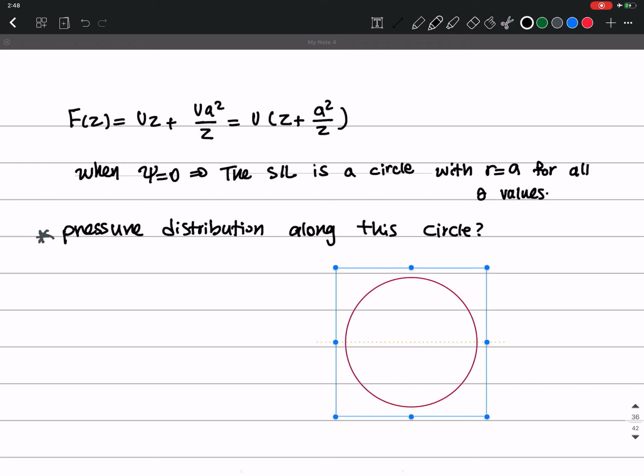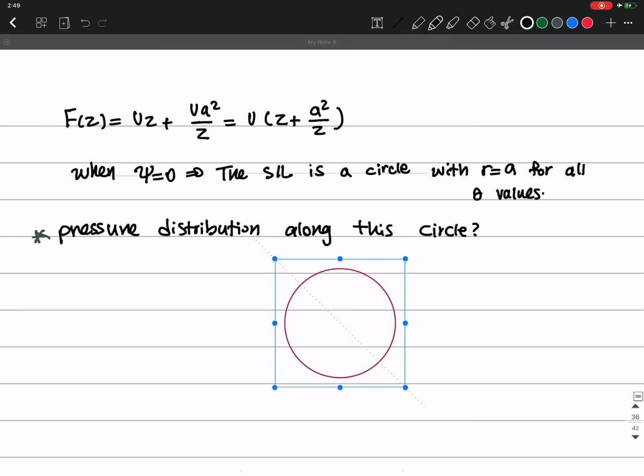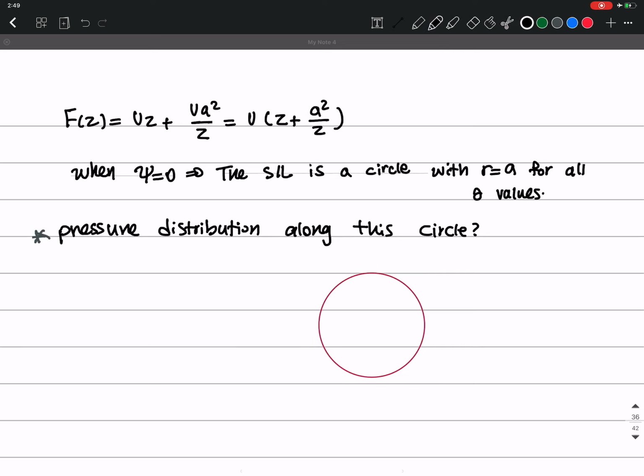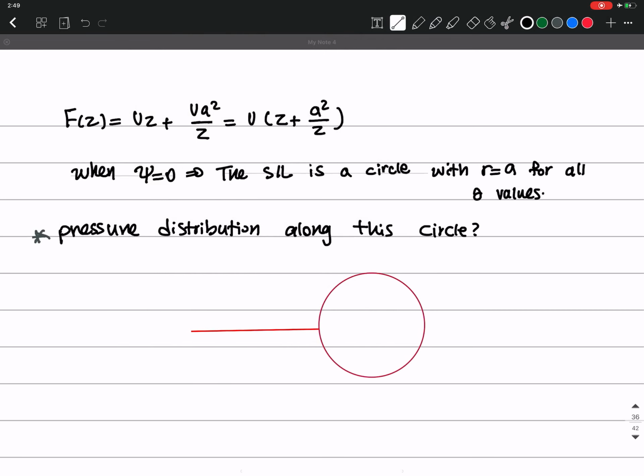So say this is a circle, and then we have two streamlines here. The streamline is going to look like this.